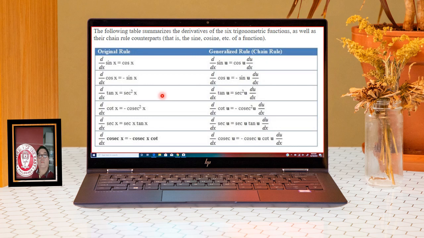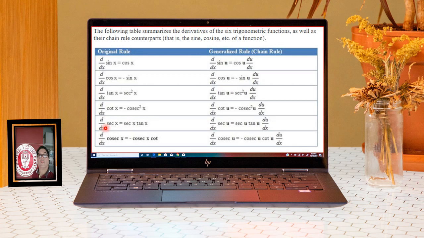So, the derivative of sine x with respect to x is equal to cosine x. The derivative of cosine x with respect to x is equal to negative sine x. The derivative of tangent x with respect to x is equal to secant squared x. The derivative of cotangent x with respect to x is equal to negative cosecant squared x.